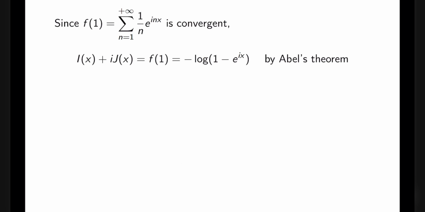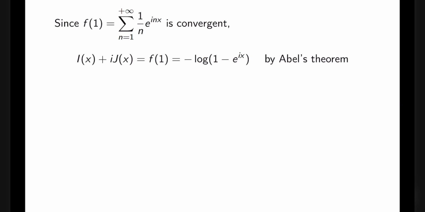Okay, and since our expression is continuous, there is a result which is simply called Abel's theorem, which says that in that case we can just take the limit when t goes to 1, and we get that I of x plus i J of x will indeed be f of 1, and in that case minus log of 1 minus exponential ix.